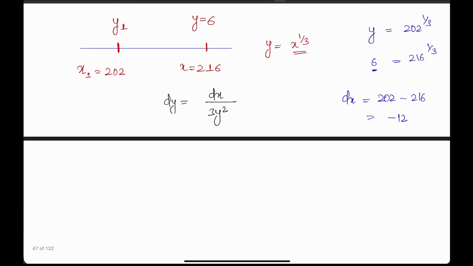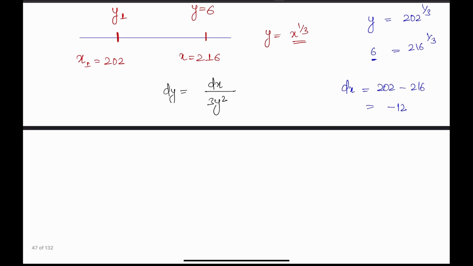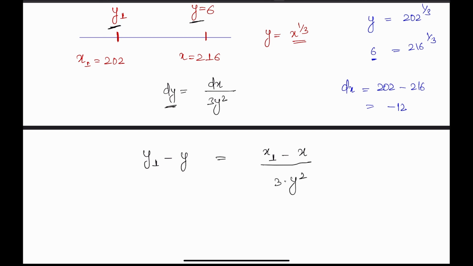Let's just write y1 minus y is our dy. Okay, our dy is y1 minus y. So corresponding to that, dx equal to x1 minus x, and then 3 into y square.